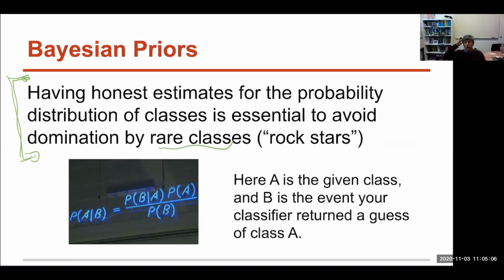But there's a large number of people who are of the same age and rough disposition as rock stars. If you have classes where the actual population in the world is different, you need to adjust your probabilities to reflect the prior distribution.